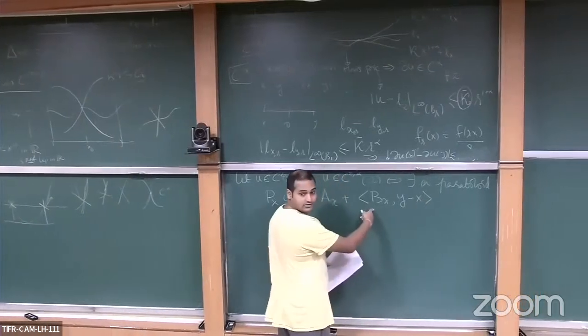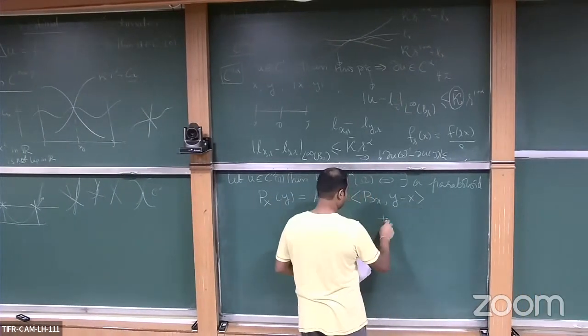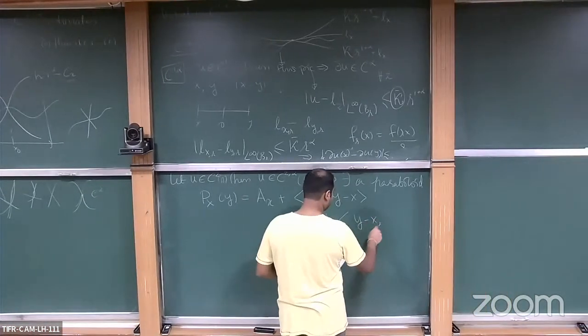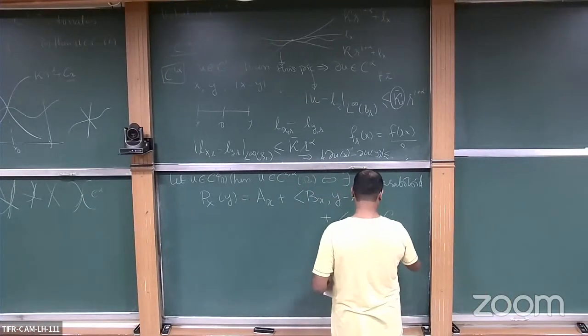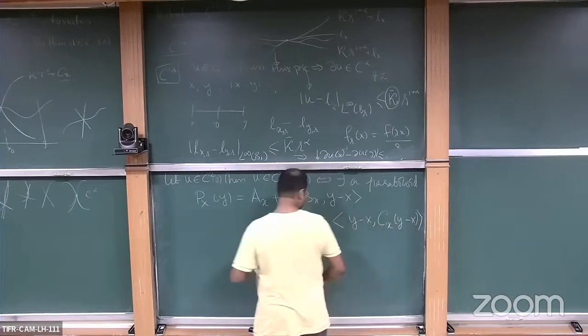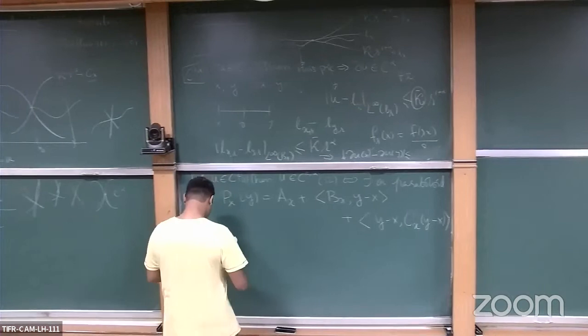This is like a gradient, right? Plus y minus x acting on c(x), which is like a Hessian or your curvature matrix. So it is something like this, okay?